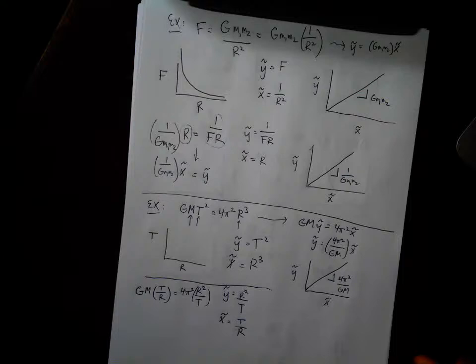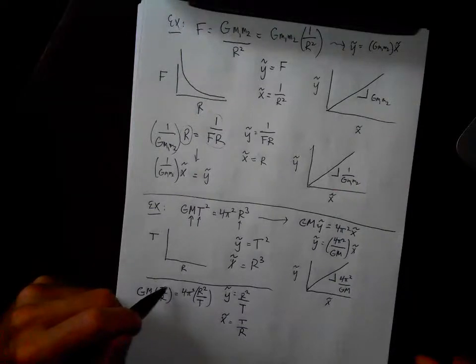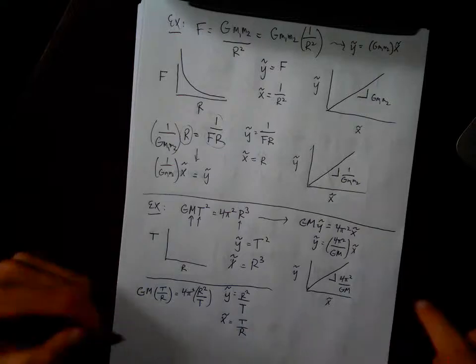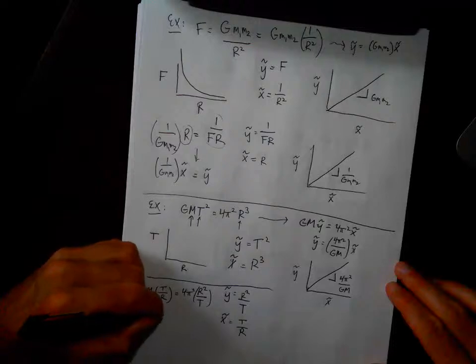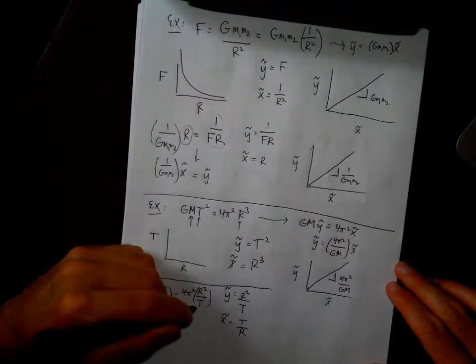All right. So you can double check that if you multiply the T over, you get T squared. You multiply the R over, you get R cubed. So it's still the same relationship, just written in a weird way. T over R is x squiggle. R squared over T is y squiggle.